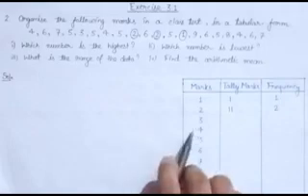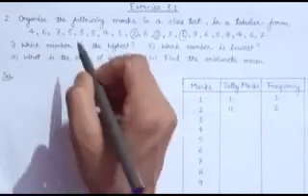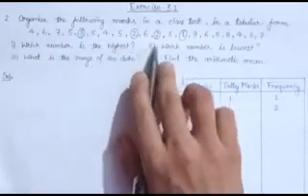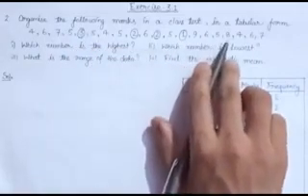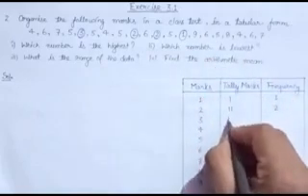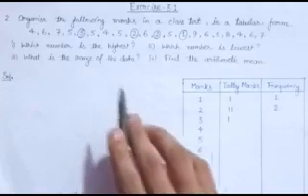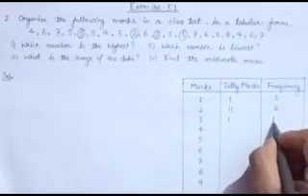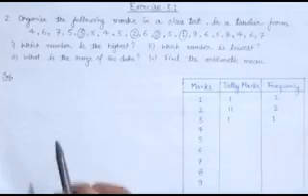Now let us see 3. So 3 has occurred here. After that, you can see. So the tally marks corresponding to 3 is only 1 line. As 3 has occurred only 1 time, so frequency is also 1. Now let us see 4.